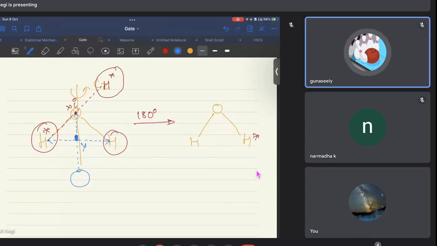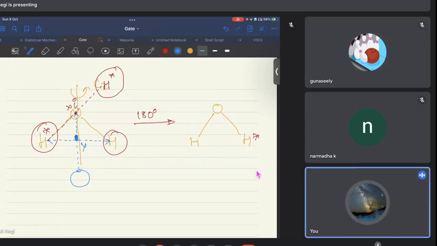Yes, ma'am. So in the H2O molecule, as in CHCl3, you yourself said that there will be no center of inversion. Why did you say it? Because if you take this carbon as the center of inversion, this hydrogen is not reflected back here because there is no hydrogen present there. If I take this as the center of inversion, every atom should get reflected to the same atom.